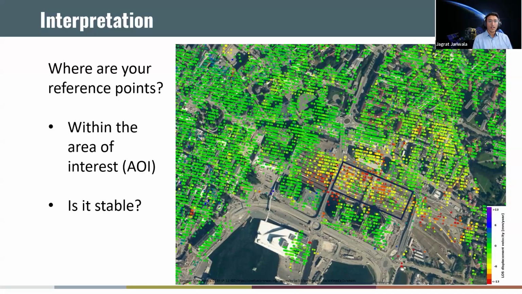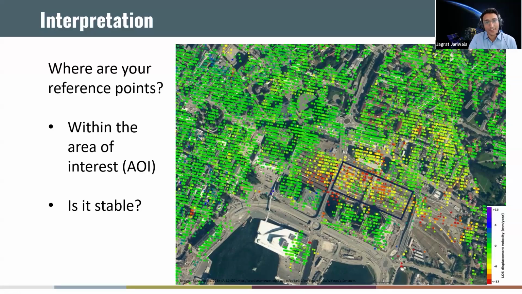It is also relative in space. What I mean by that is InSAR estimates are movements as compared to other assumed stable points. So things to keep in mind: if your reference points are within the area of interest, then your movement estimates are going to be biased.